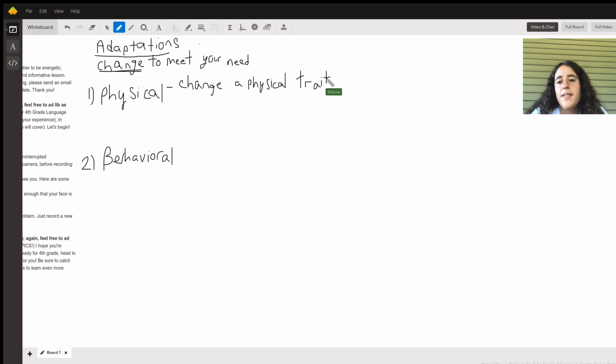This usually happens on a long time scale. It happens as species evolve, meaning those species change over time. For example, let's say we have a giraffe. And that giraffe wants to eat some leaves that are high up in a tree.